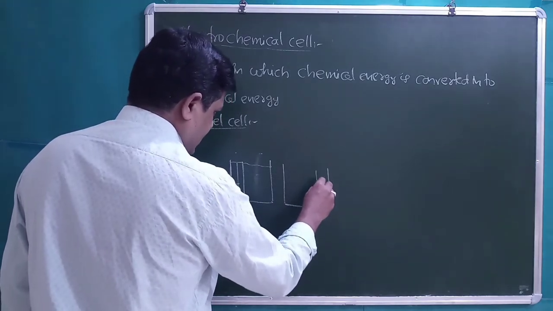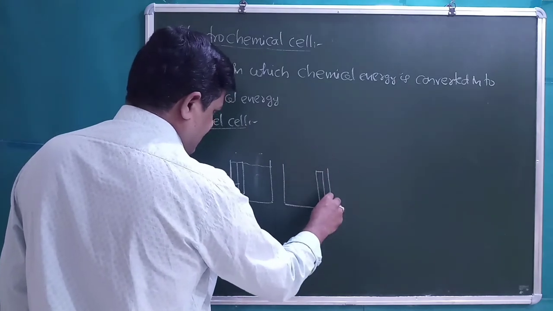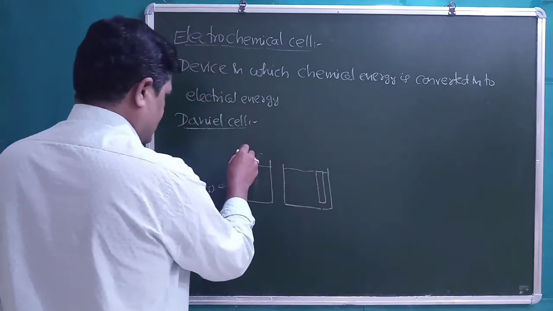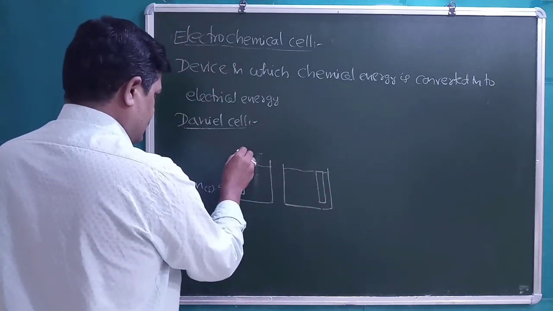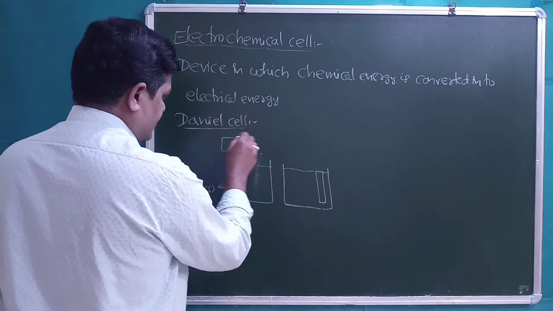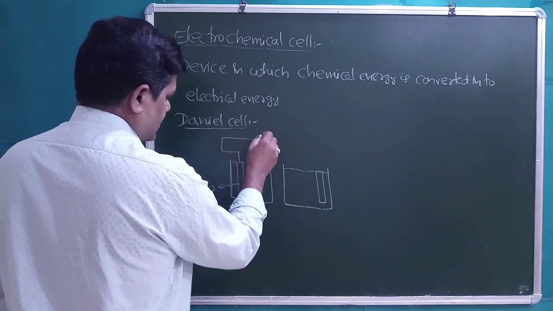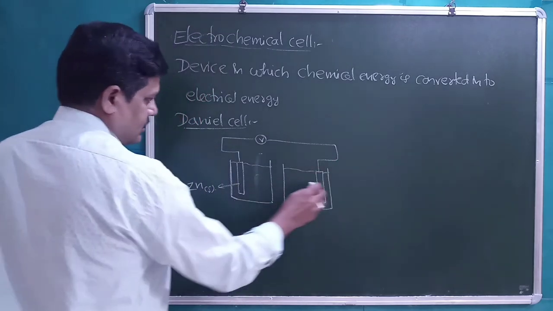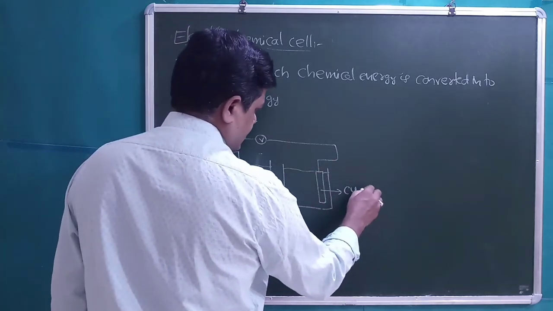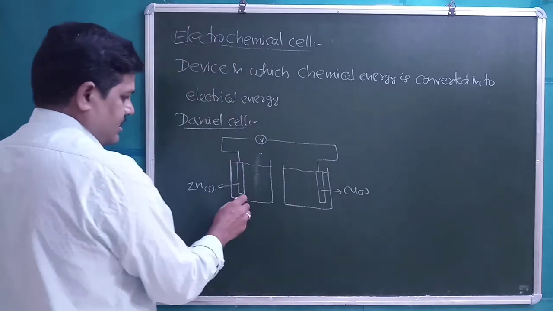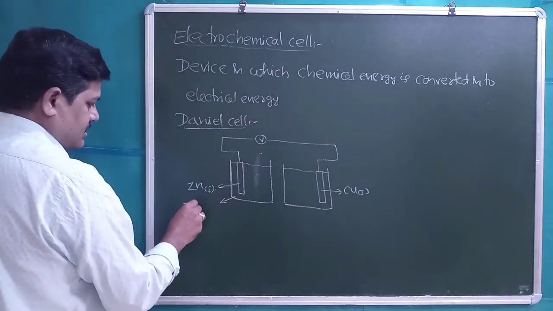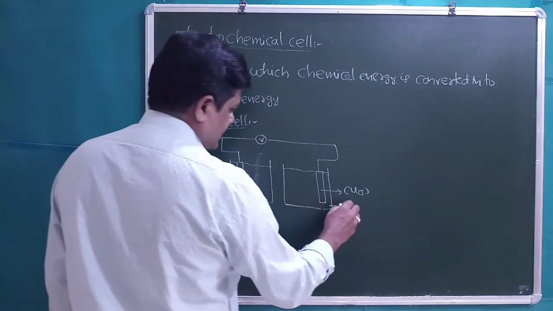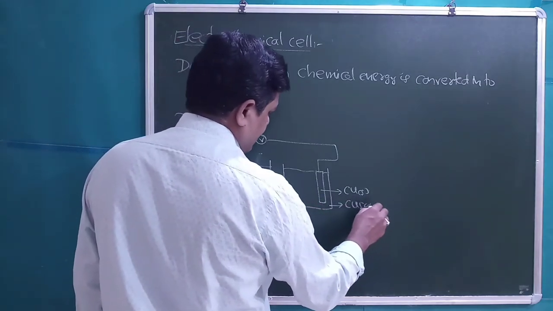The copper rod is kept immersed in the copper sulfate solution. These two are connected through the wire. This is copper solid, zinc solid which is kept in the zinc sulfate solution, ZnSO4 aqueous. Copper rod is immersed in the copper sulfate solution.